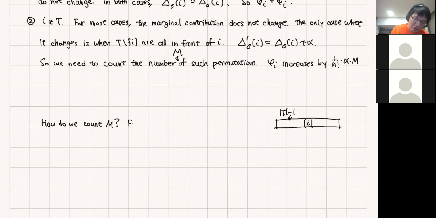We'll first pick the spots where the elements, the players in T, occupy this permutation.